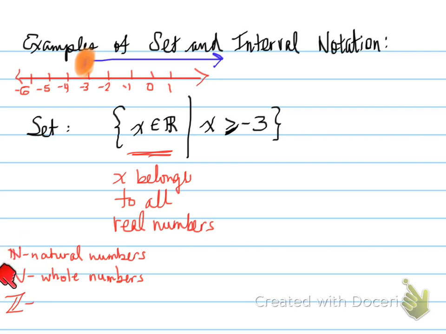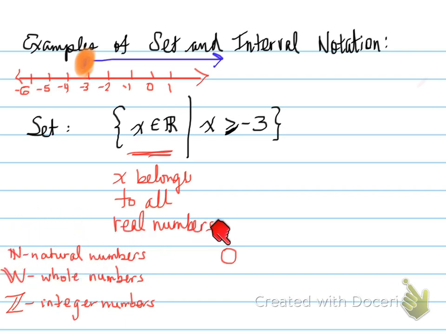Integers is a Z. Think of this middle piece as the I that's been slightly tilted. Z represents the integer values, so that means the negative and the positive whole numbers, negative and positive natural numbers. So integers include all of these.